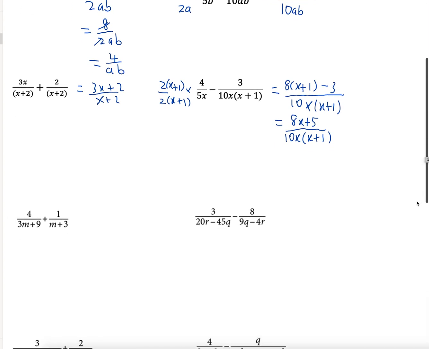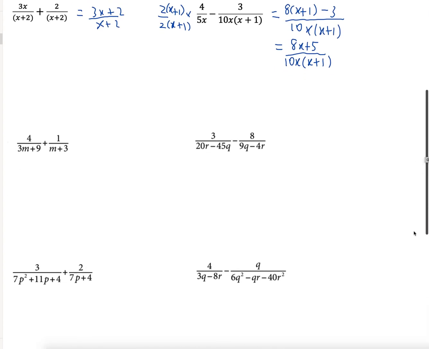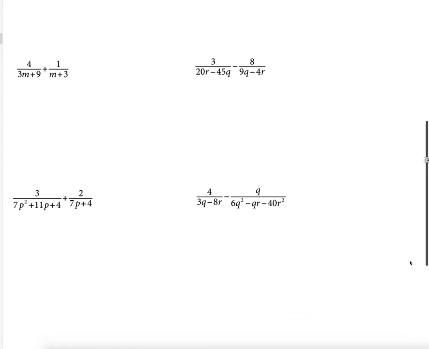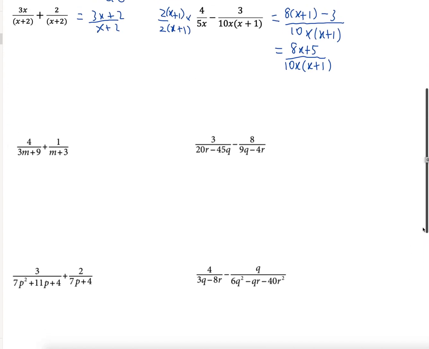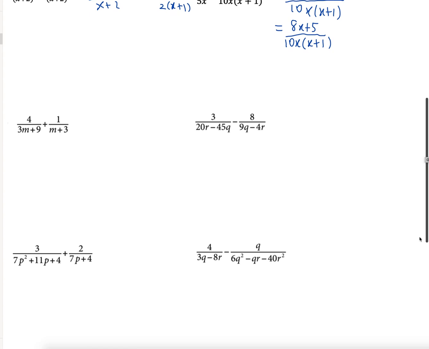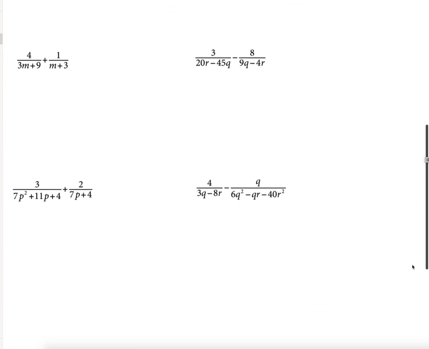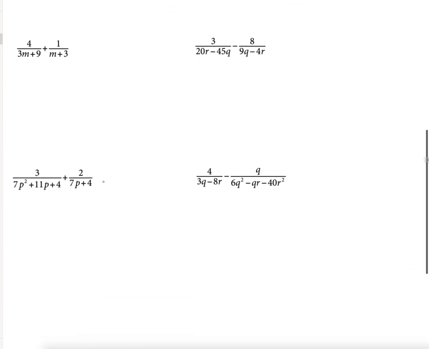Right, now we look at further examples. In this case here, the denominators are not factors, so we need to factorize the denominator first. Right, so factorize the denominator. We have 4 over 3 bracket m plus 3 plus 1 over m plus 3.